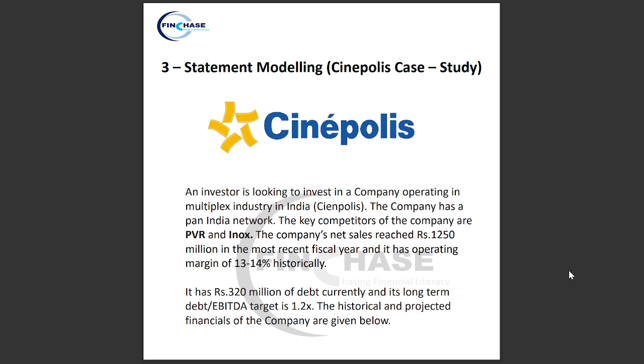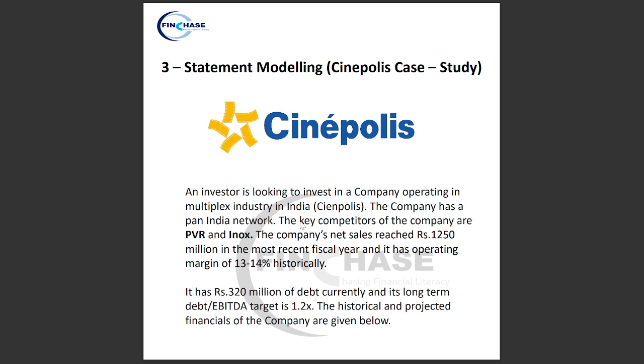All right, now reading the second line, the company has a pan India network. We all know like Cinepolis has its existence over many cities and over many areas in India. And the most important line here, that is the key competitors for the company are PVR and Inox. We know like PVR and Inox are one of the major players in the multiplex industry.